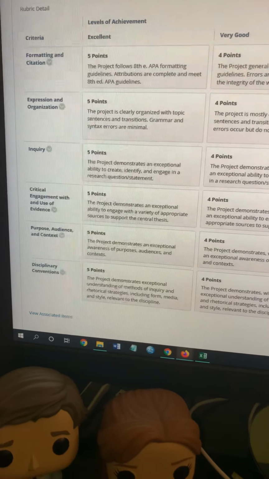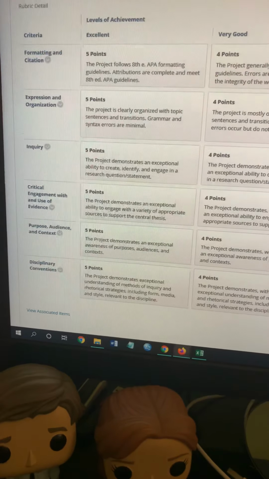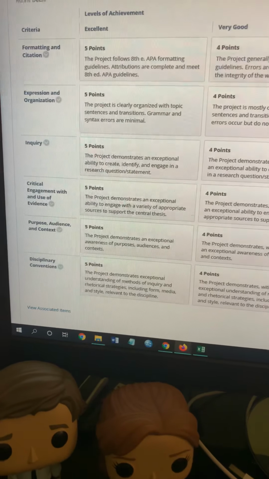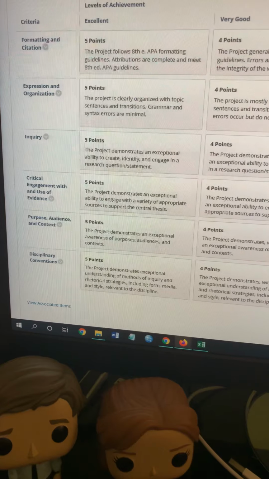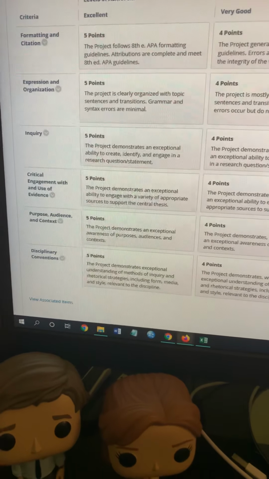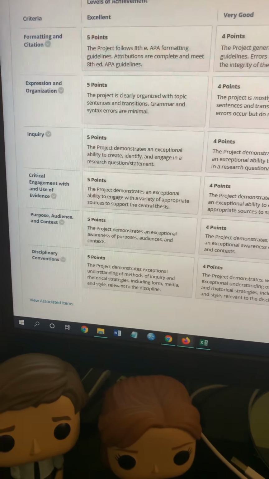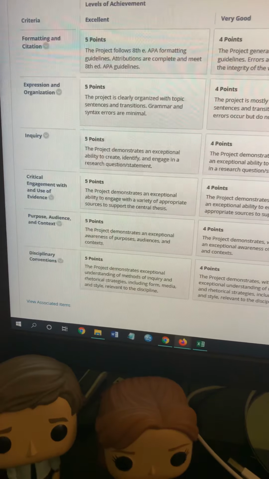Okay. Inquiry is mainly referring to your thesis statement, your research question, your problem statement. So the project demonstrates an exceptional ability to create, identify, and engage in a research question statement. This means, number one, that you have a thesis that is strong, that follows the rule that if I give it to a stranger, they'll be able to tell me what my paper is about.